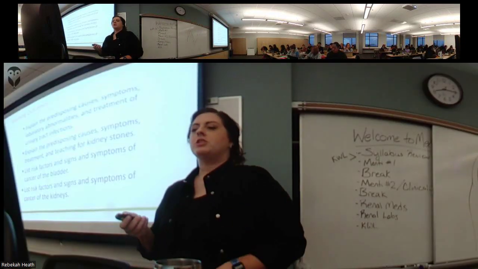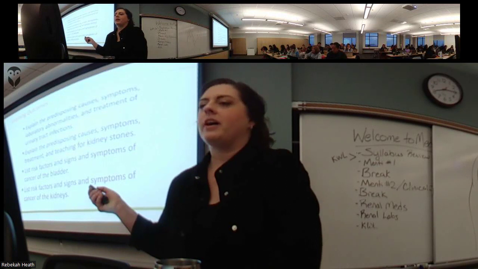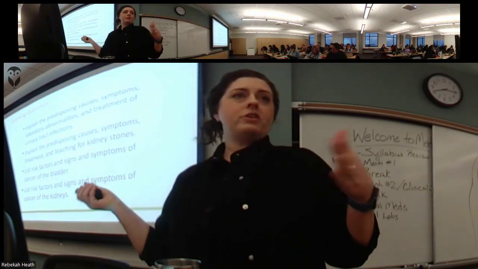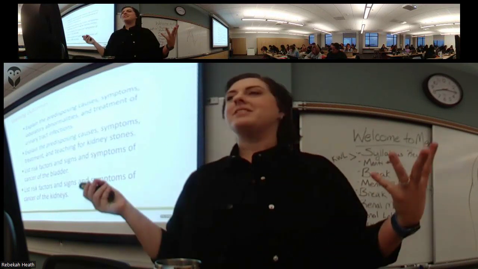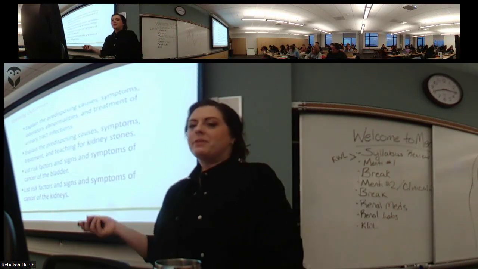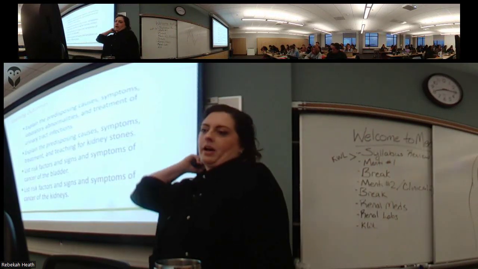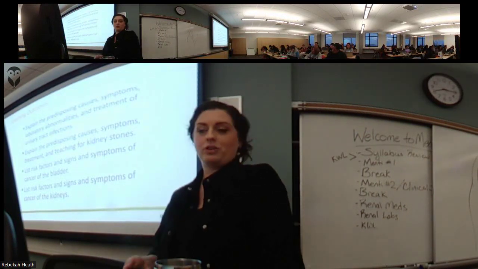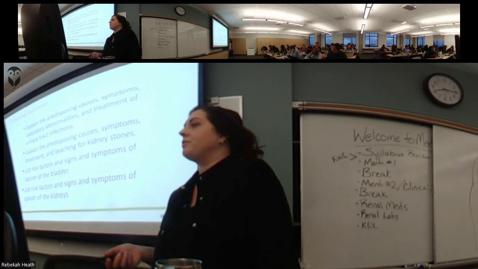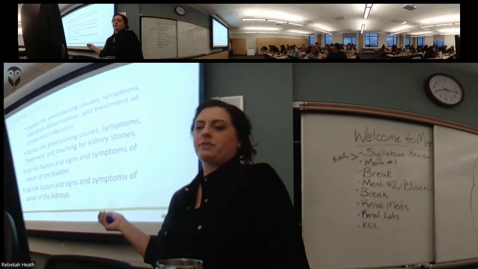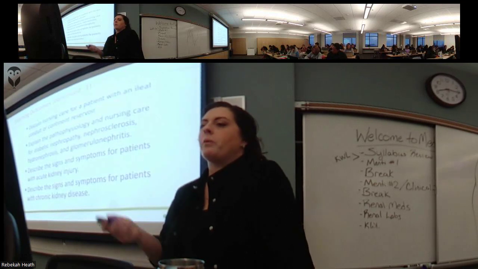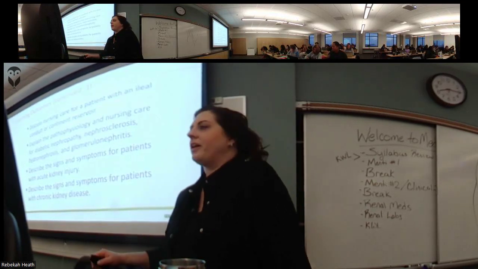Okay. So our outcomes today, we're going to talk about issues with urinary tract infections, what causes them, what we might see with people with them, also kidney stones, what causes them, the treatments, risk factors for cancer of the bladder, risk factors and signs and symptoms of cancer of the kidneys. We're going to talk about ileal conduit or continent reservoirs.